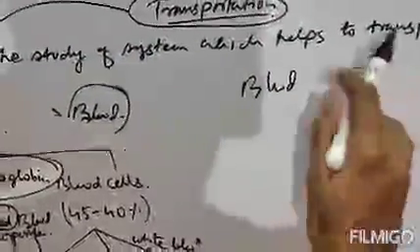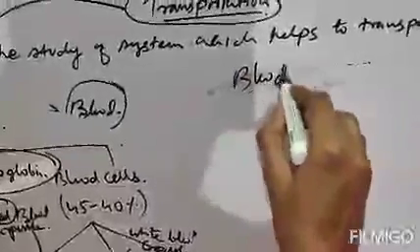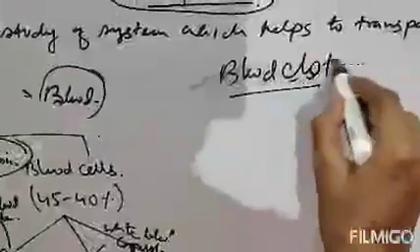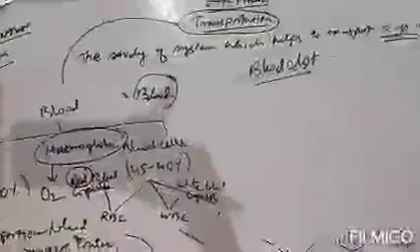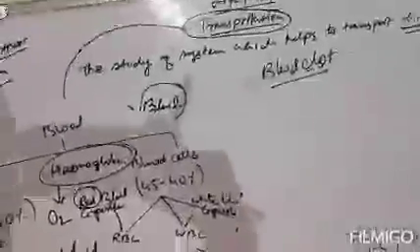How does blood clot occur? In the tissue which is infected, blood platelets release vitamin K to help clot the blood. Clear? So blood clot happens where? In infected tissue.